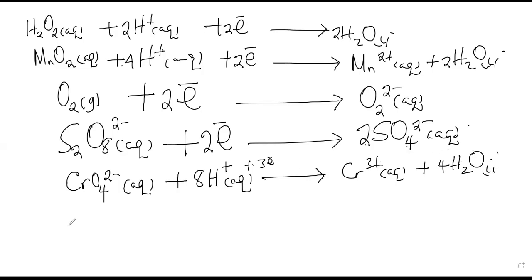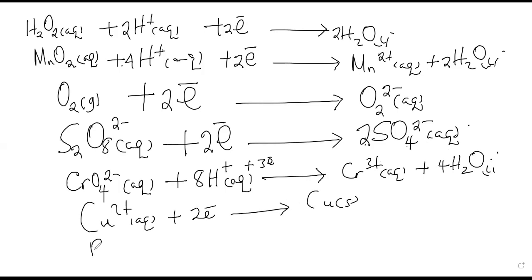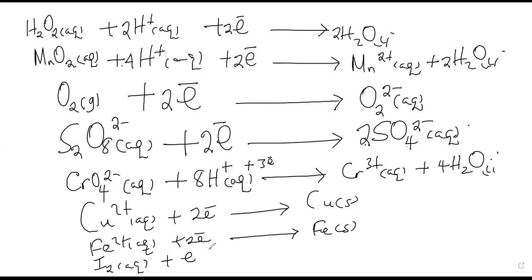For normal elements like copper 2, it gains 2 electrons and is reduced to copper solid. Iron 2 gains 2 electrons and is reduced to iron solid. Iodine aqueous gains 2 electrons and is reduced to iodide ions. This is just a quick check.